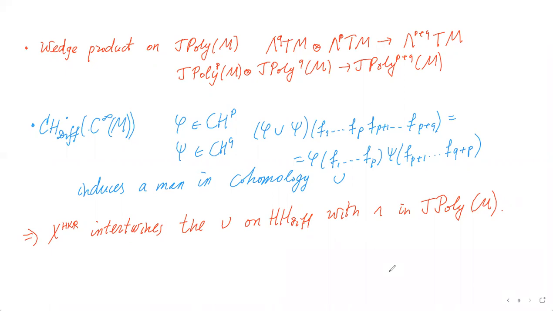Okay, let's go on, but that's not all, because this structure, of course, is very precious and very important, but there is one more structure which has been discovered by Gerstenhaber himself, and which is even more important.